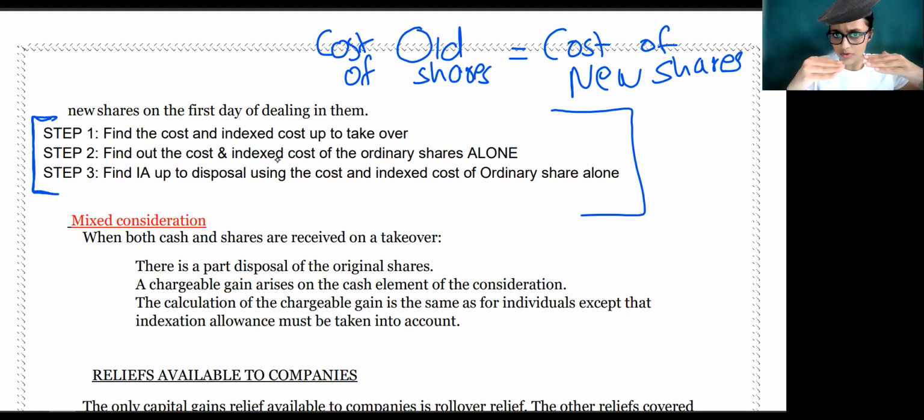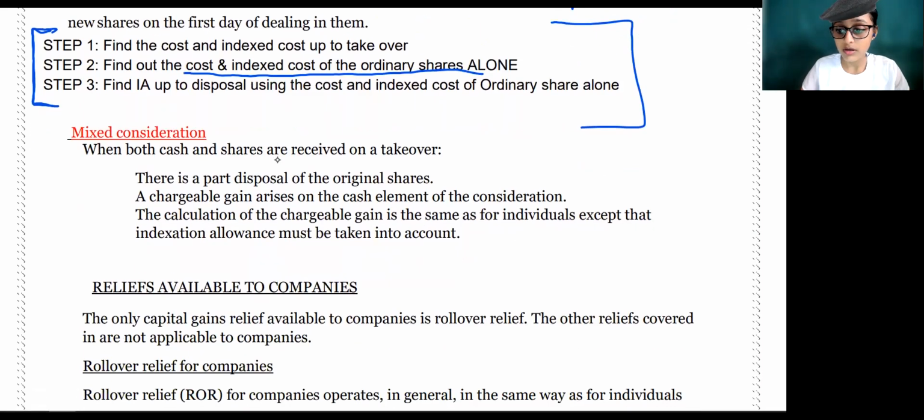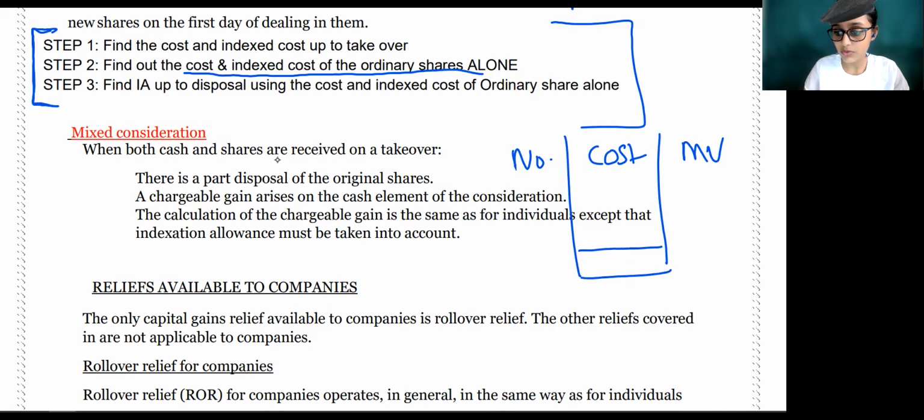So cost, index cost up to takeover. Next step is, of whatever you're selling, calculate the cost and index cost alone. That is, do you remember using market value allocation? You will do it this way: cost, market value, number of shares. You remember that, right? Cost is already given to you.